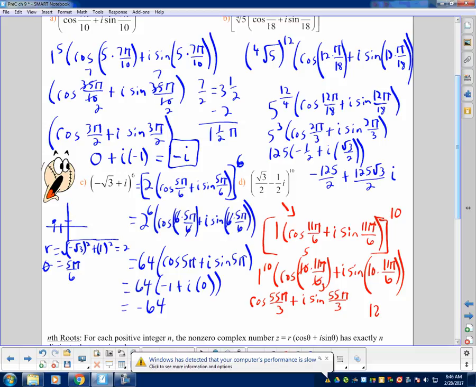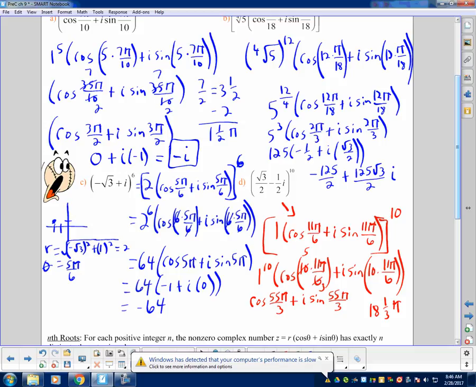So it's 18, which would be 54 and 1/3 pi. So the 18 pi is going to get me right back where I started, right? 18 pi is an even multiple of pi. So you're close, but this is really equivalent to just pi over 3.